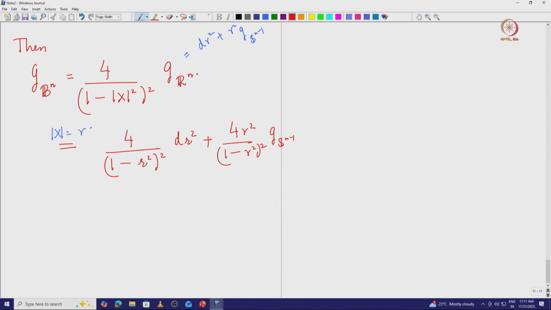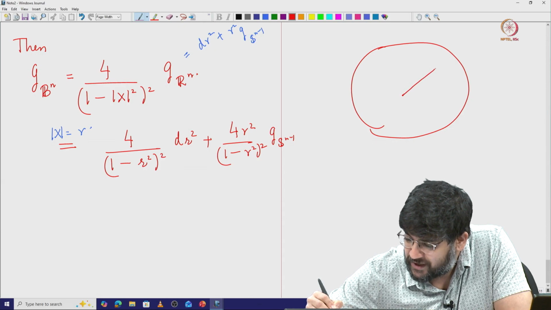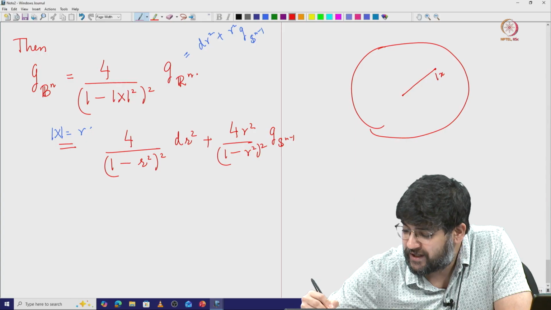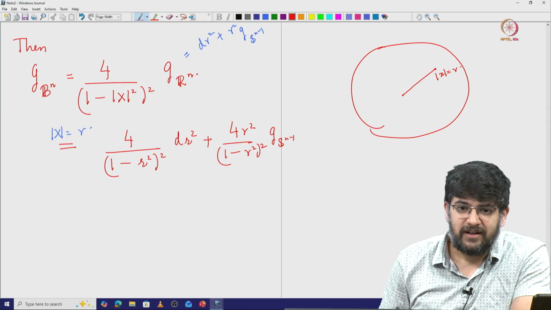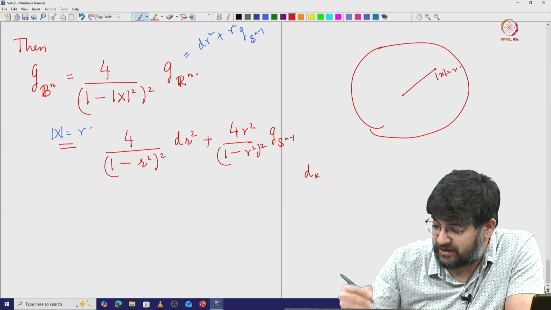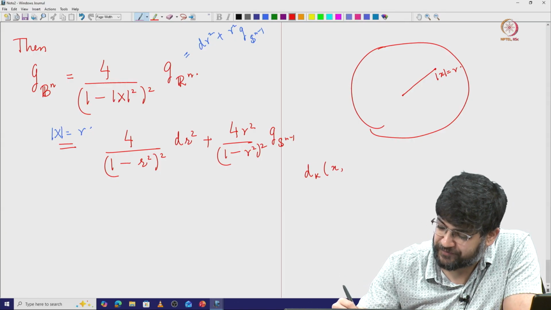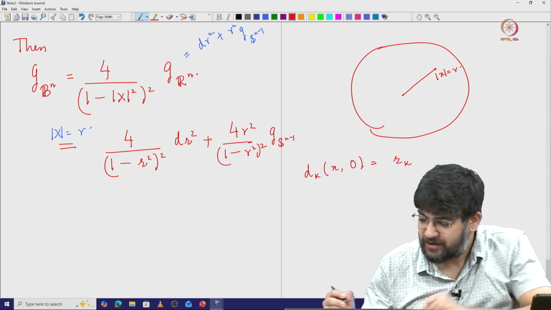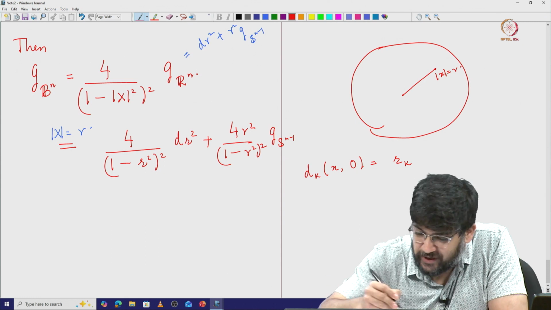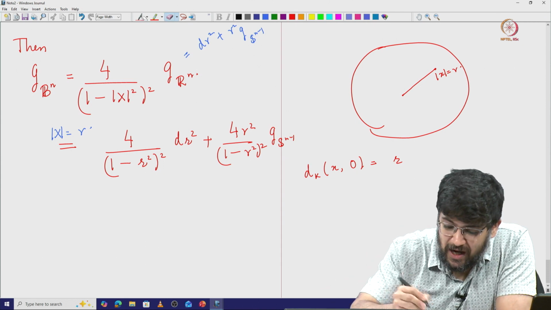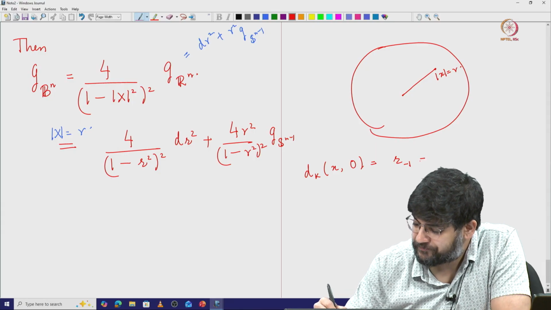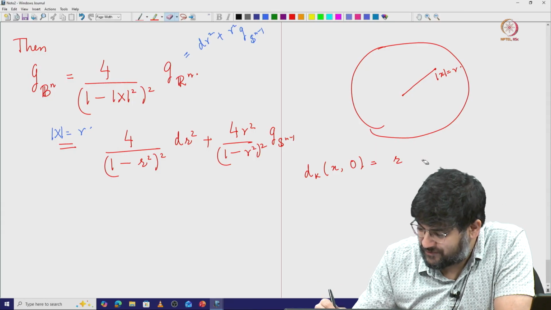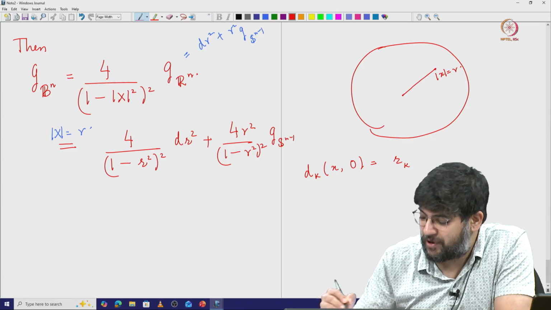So for that let me remind you of a calculation that we did a long time back when we introduced these metrics in the first place. So let us say you take a point x with Euclidean distance r. Then the distance in the hyperbolic, in the Poincare ball metric, which we are denoting by r kappa, where kappa is -1. This is not a very nice notation, so let me just put kappa.